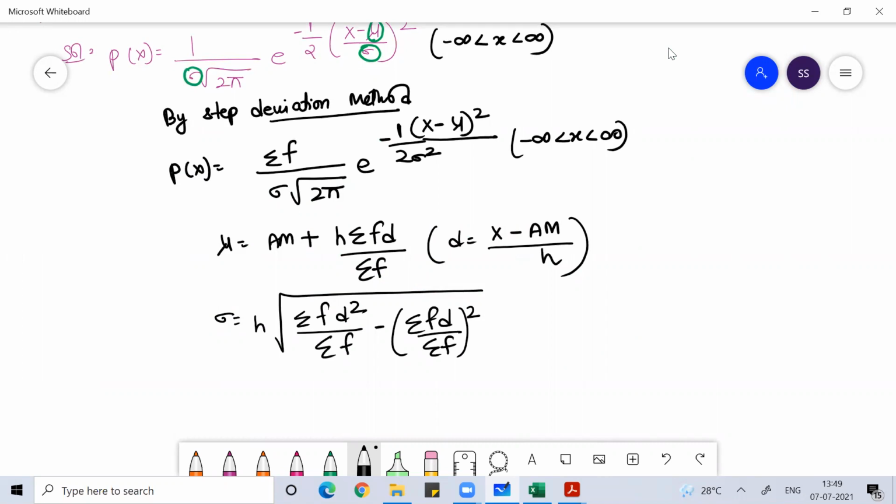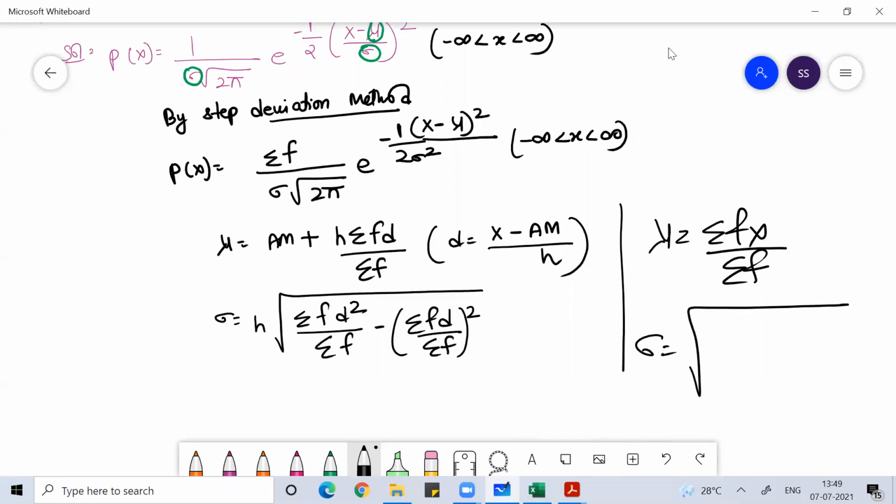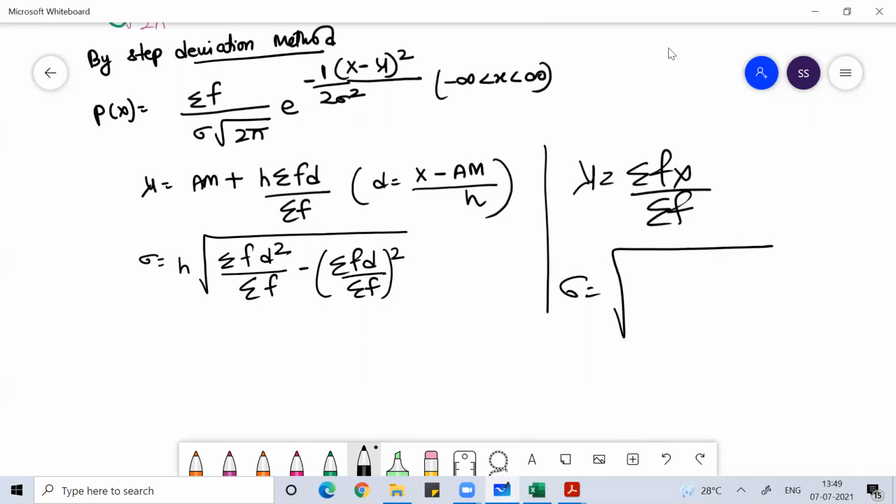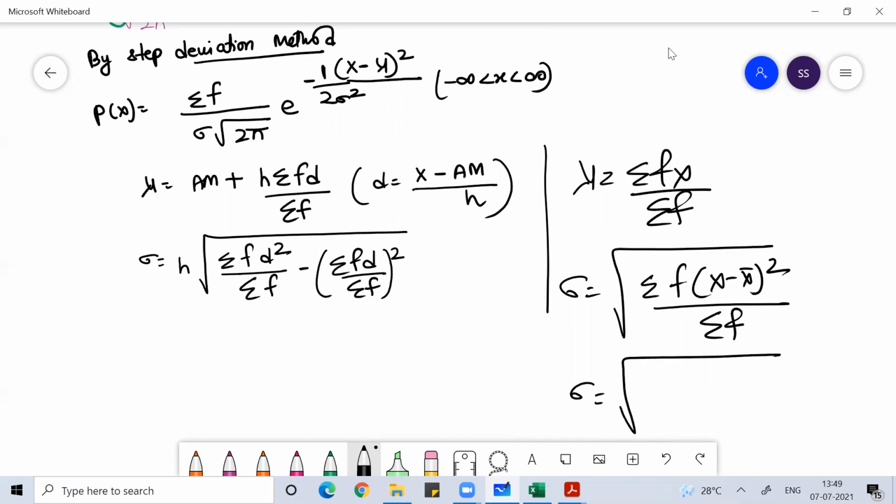Otherwise, normally you can find the mean as summation of fx by summation of f, or you can find the standard deviation by the formula summation of f into x minus x bar whole square by summation of f. Or you can use the formula summation of fx square by summation of f minus (summation of fx by summation of f) whole square.